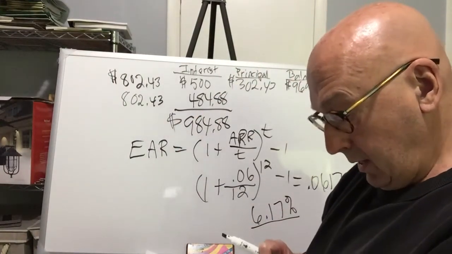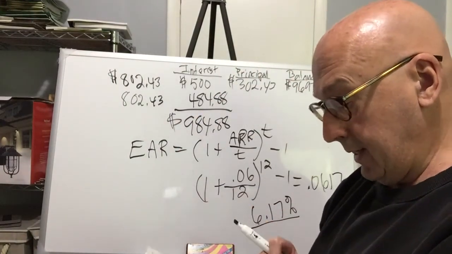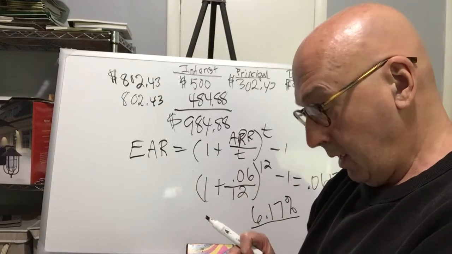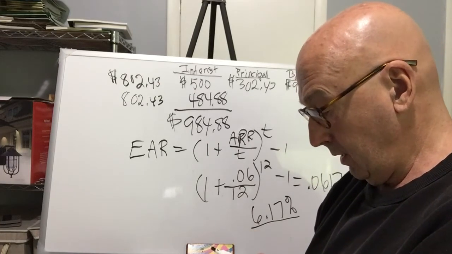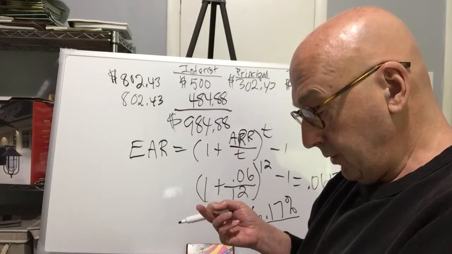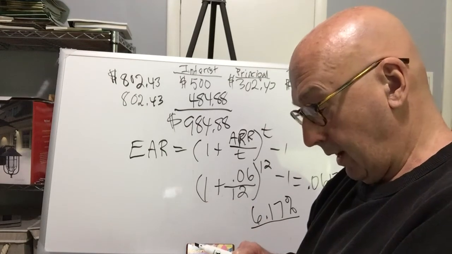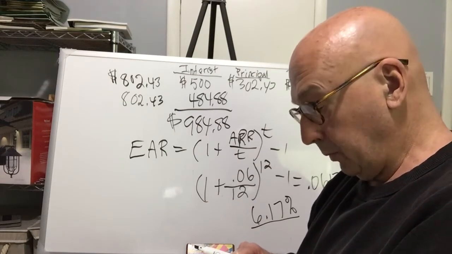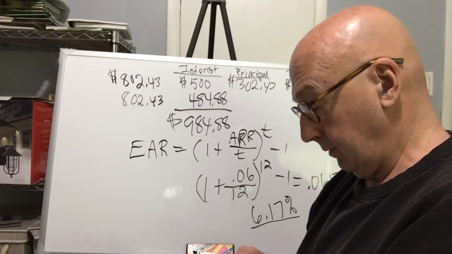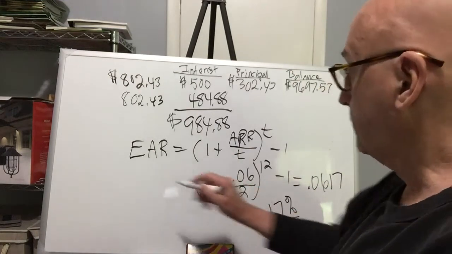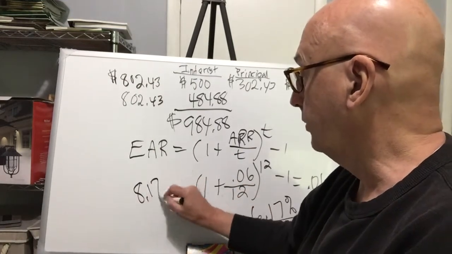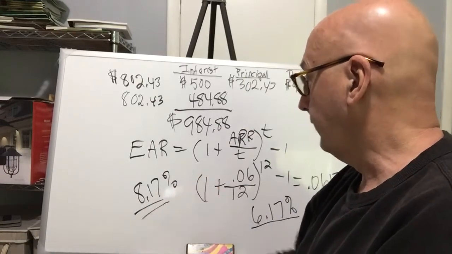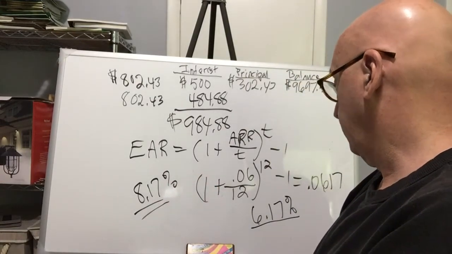Okay, so then it says, if I want to get 2% more than that, then I would add 2% to that. So 8.17% would be the effective annual rate.